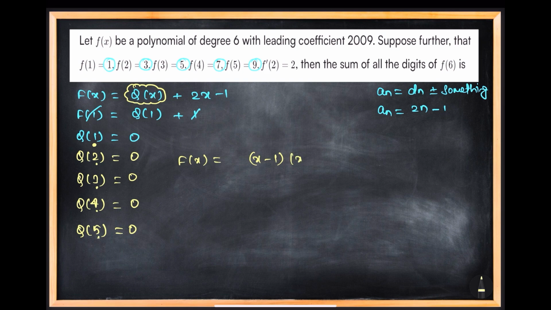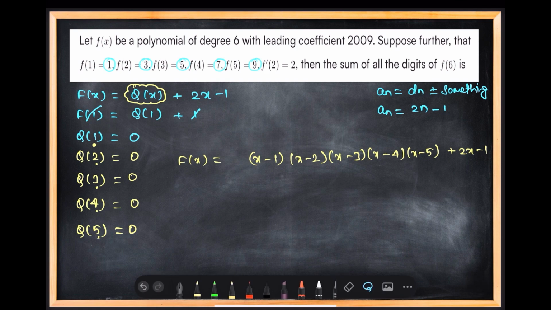So x minus 1, x minus 2, x minus 3, x minus 4, x minus 5. And then we have a remainder. The remainder is 2x minus 1. So can we write 2x minus 1?